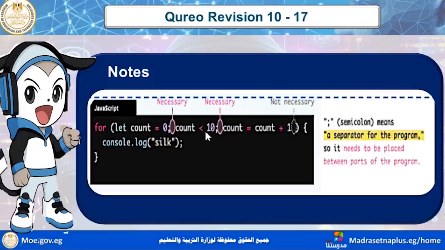Then between the conditional expression and the update value, we also have a necessary semicolon to separate the two statements. And we have here a single space, and it is not necessary. We can write it or not. So a semicolon is a separator for the program, and we need to place it between the parts of the statement.